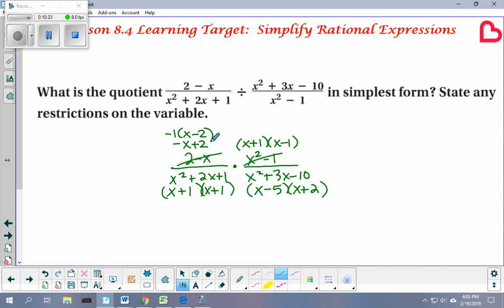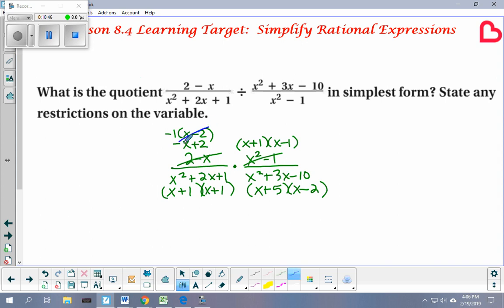And what's kind of nice about here is, I think, where should the x minus 2 be? There's a mistake in the denominator. This should have been a positive 5, and this would be a negative 2, because 5x minus 2x would give me the 3x. And at that point, I will cancel.